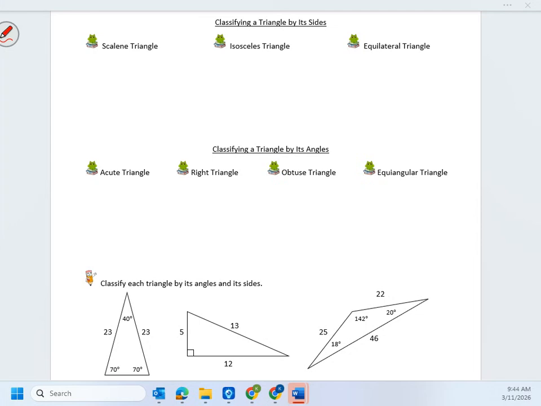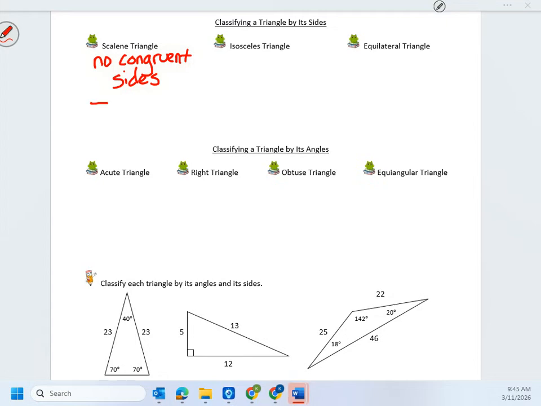Say it a little louder. Yes. All the sides are a different length, so there are no congruent sides. What does congruent mean? Jude? The same. No sides have the same length. They are all a different length.